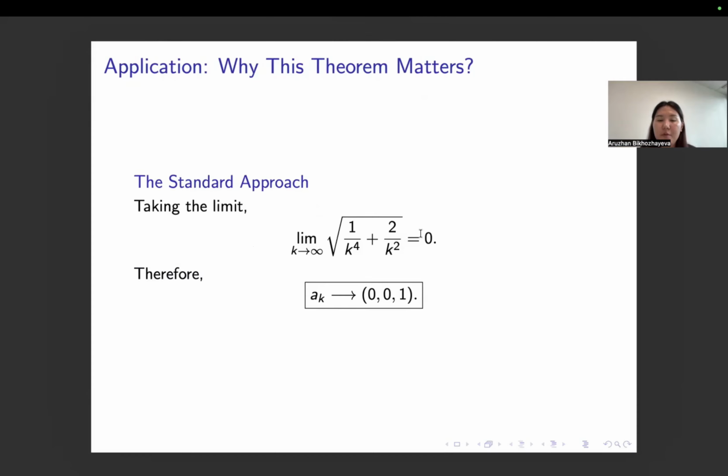When we get zero, it means that our sequence converges to the suspected limit that we guessed, which was (0, 0, 1). Since both methods give the same answer, we can be confident that the component-wise convergence theorem works.